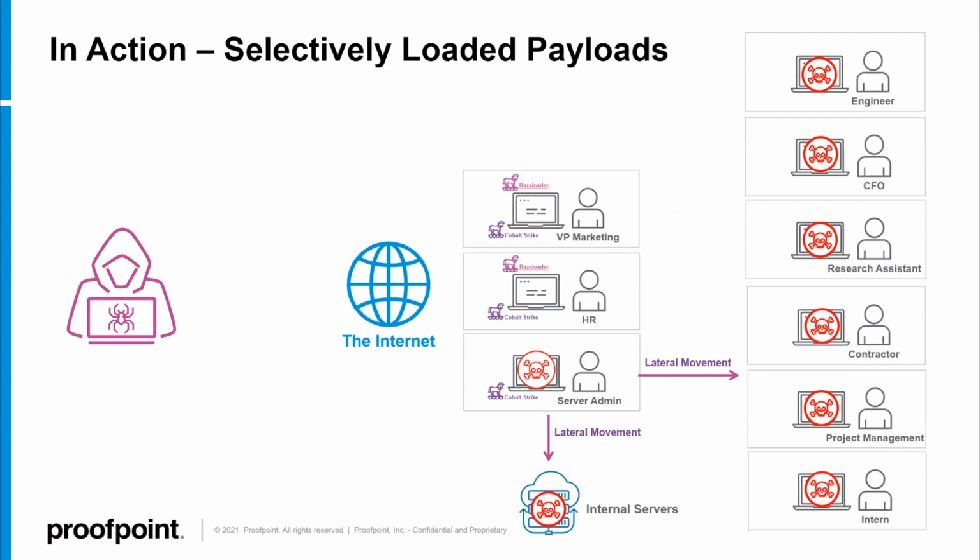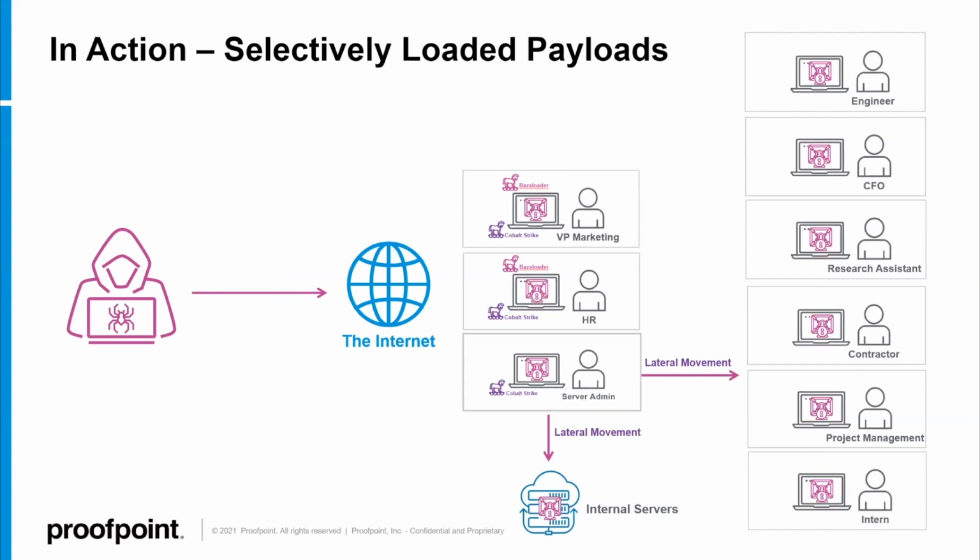And so now by compromising that server admin and probably elevating privileges, the threat actor can then pivot through the entire network. And when they capture some resource like a domain controller or some other resource, they can then push the ransomware to every system on the network, as opposed to just sending out a ton of attachments and hoping that it ends up on a high value target. This is basically the current ransomware model for all of these high profile attacks.